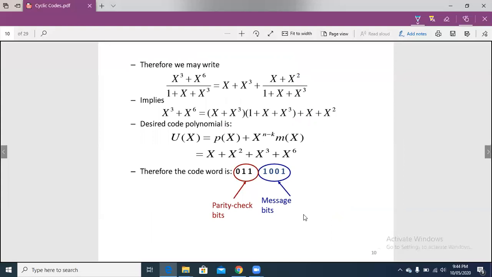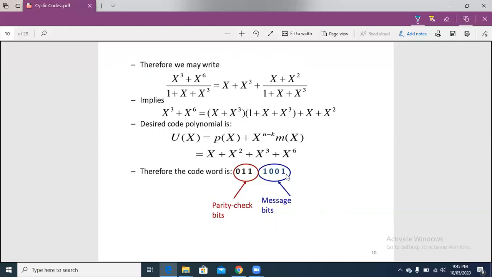So we write it in this form: we have 0, no constant term, and then we have x and x2, 1, 1, and then we have 1, 0, 0, 1. So this way we generate the code word with the parity bits and the message bits.